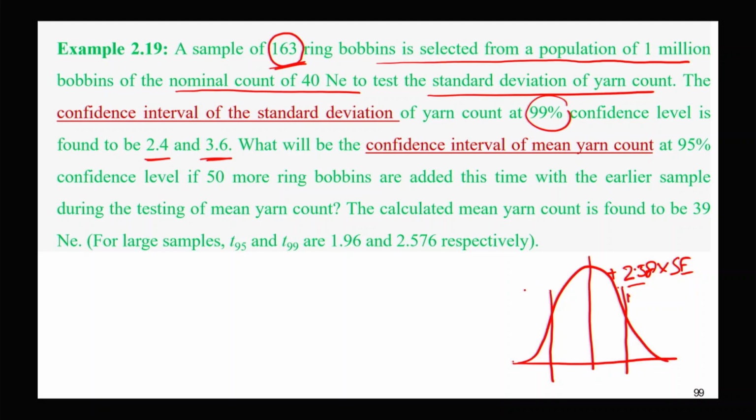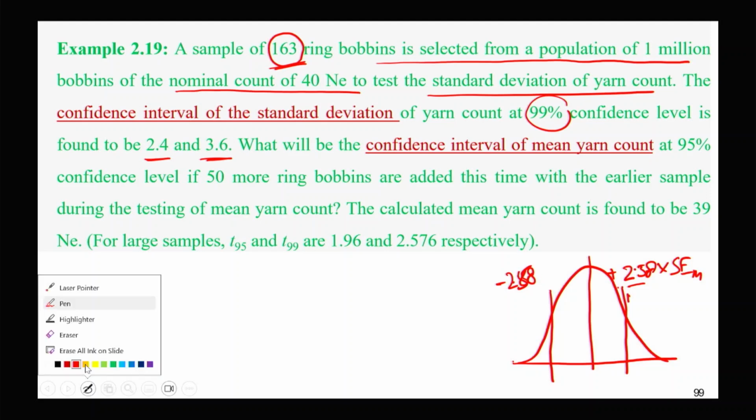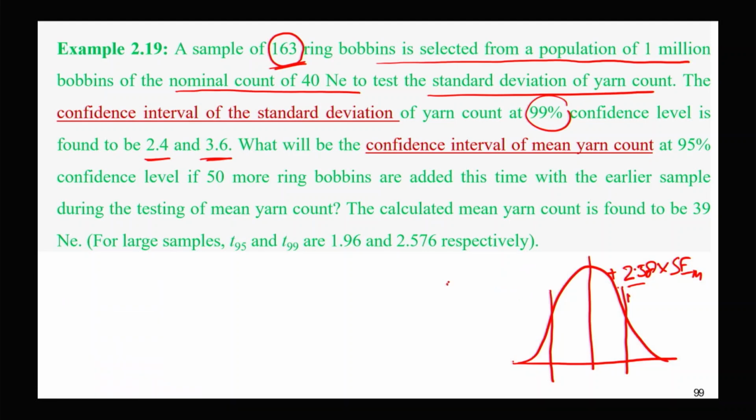Here also, confidence interval of mean: x bar minus 2.58 multiplied by standard error of mean, and x bar plus 2.58 multiplied by standard error of mean.